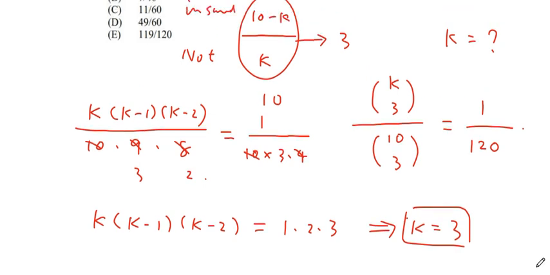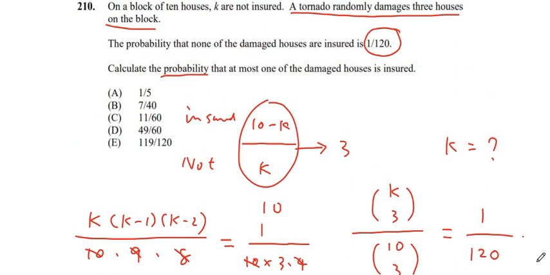So once we find this K, then the problem is easy. So let's check what the question is. The question is we want to calculate the probability that at most one is insured. At most one, we just consider the opposite, right?